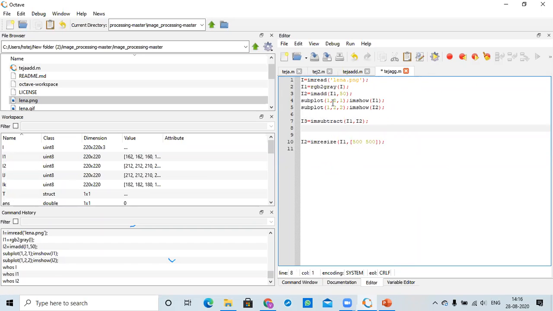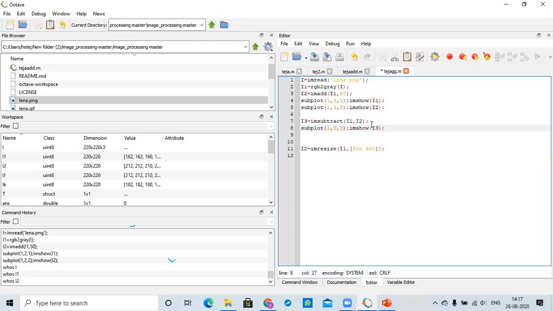Let us take this subplot as 1 comma 3 comma 3 of imshow I3, right?